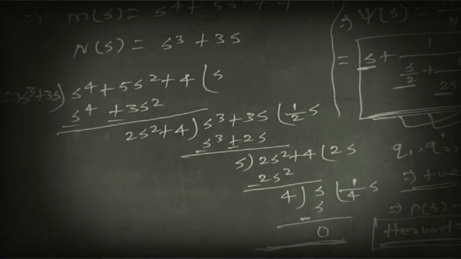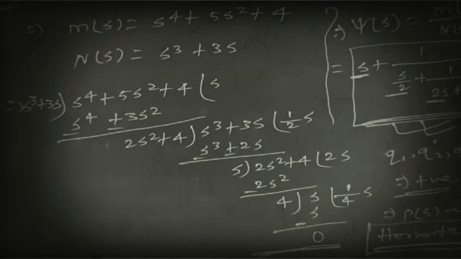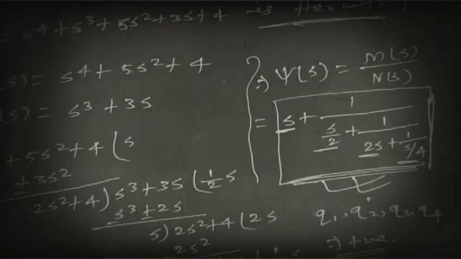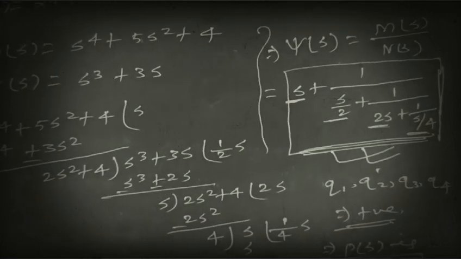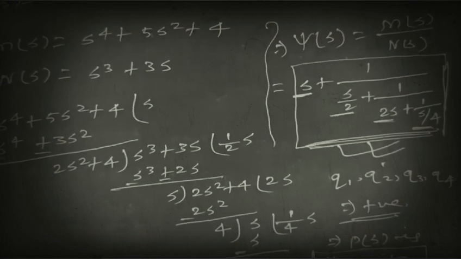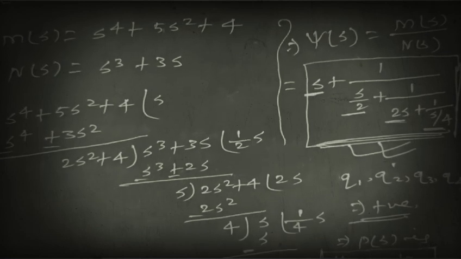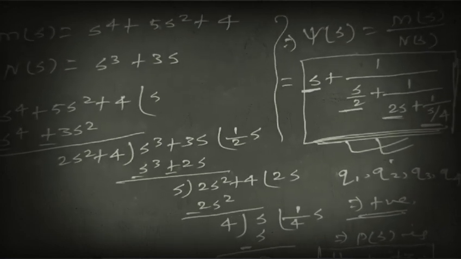So we are getting 4 quotient terms, that is s, s by 2, 2s and s by 4. We can write ψ(s) equal to M(s) by N(s), and it will be written as s plus 1 by (s by 2 plus 1 by (2s plus 1 by (s by 4))). So here we see that all the 4 quotients are positive.